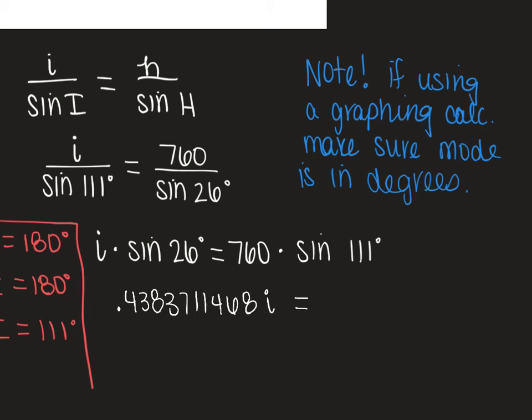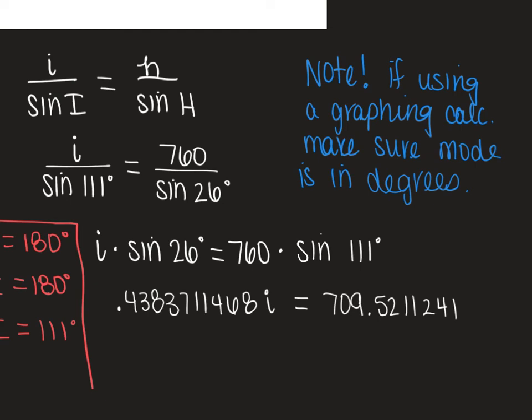And that's going to equal the sine of 111, and then you're just going to keep that in your calculator and multiply by 760. When I multiply that, I'm going to get 709.5211241. So we found the sine of 111, you leave it in your calculator, and then you multiply it by 760. It'll also be a decimal, so it's safe to just leave it there and multiply.